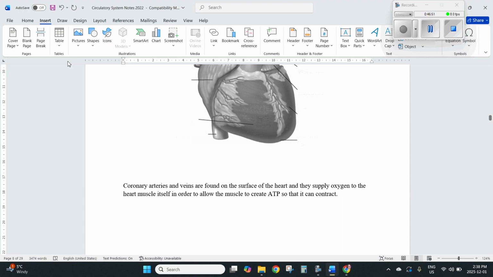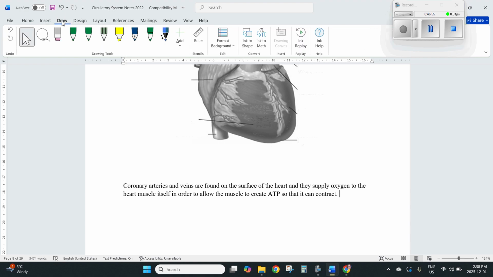So these coronary arteries and veins are found on the surface of the heart, and they're super important because the blood moving through the heart doesn't supply the heart with any oxygen. So you have to have these arteries and veins located on the surface of the heart. So I'm kind of highlighting them so that you can see them.